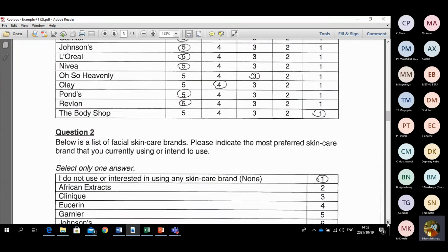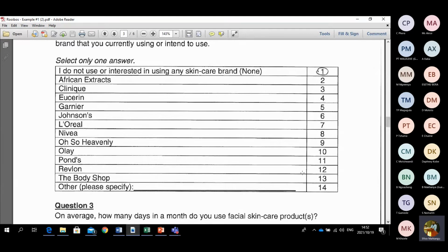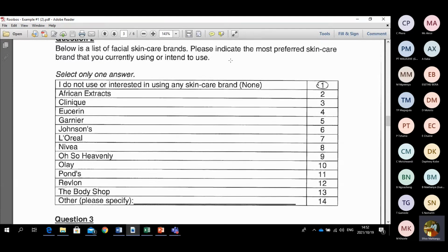As you go down the questionnaire, you'll find a different question, asking them again, here as number 2: please indicate the most preferred skincare brand that you are currently using or you intend to use. And then this respondent said, I do not use any skincare brand, which was 0.